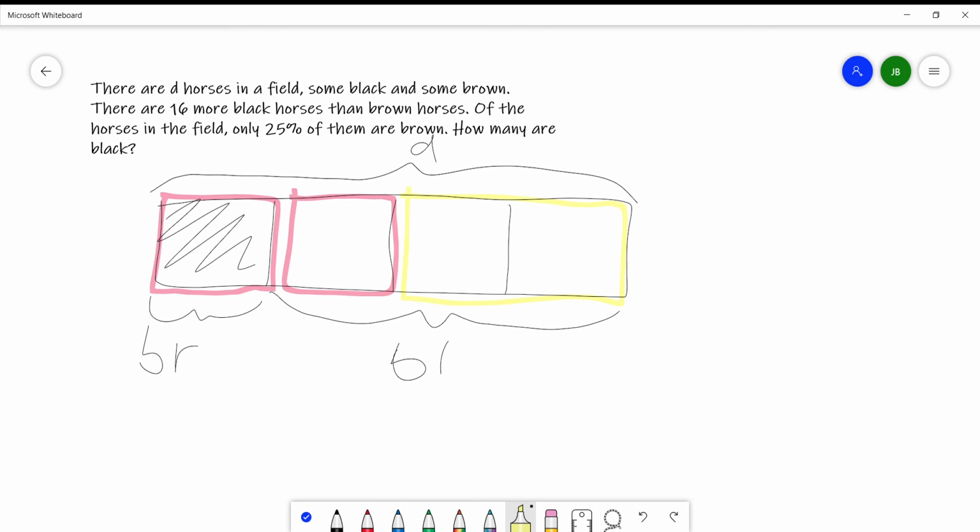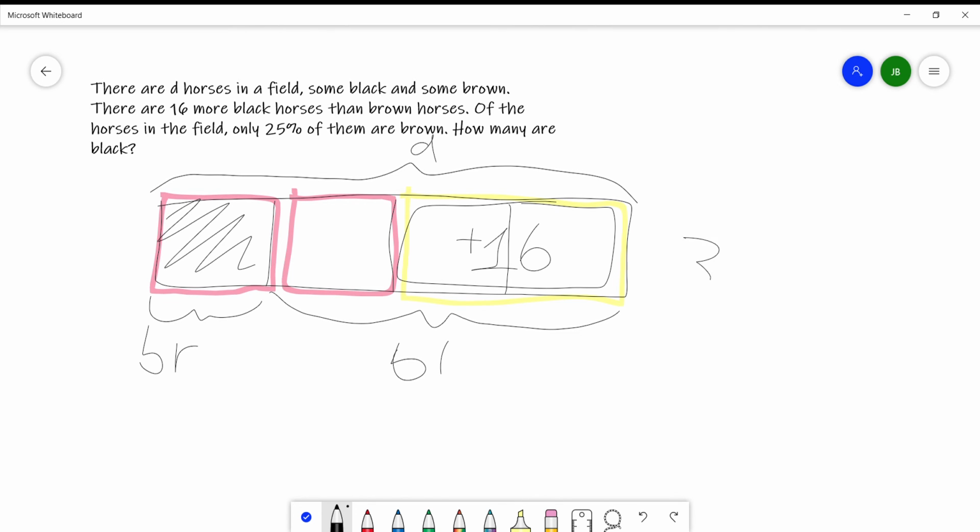Now, is it starting to become clear? So if the black are 16 more than the brown, then this chunk, 2 units of our bar model, represents 16 horses. So if I divided D into fourths to show that 25% are brown, I know that's 4 units. 1 unit is brown, 3 units are black, a ratio of 3 to 1.